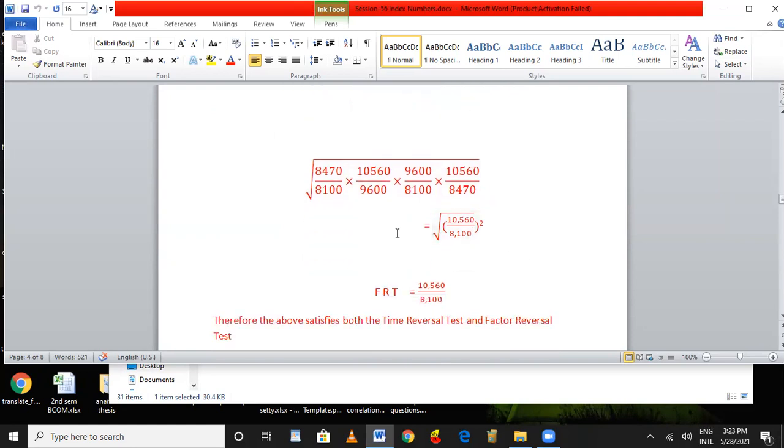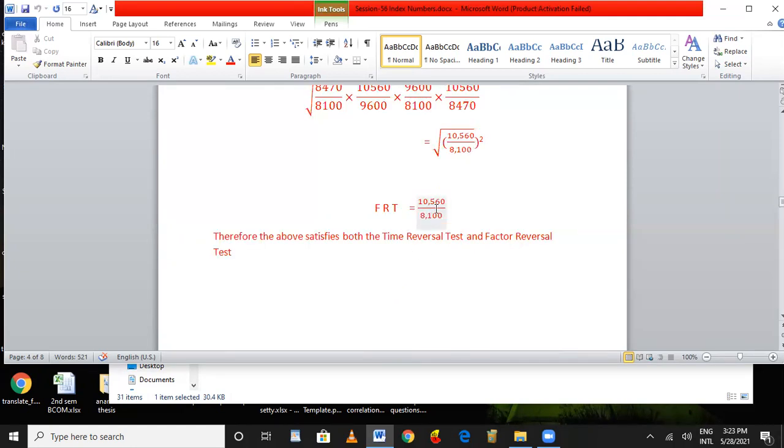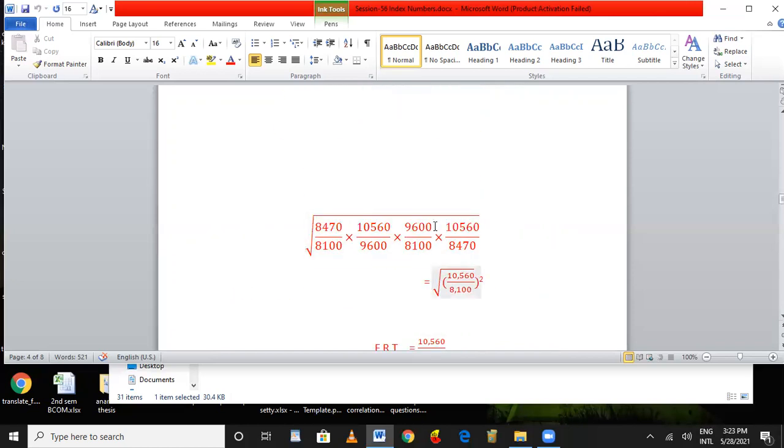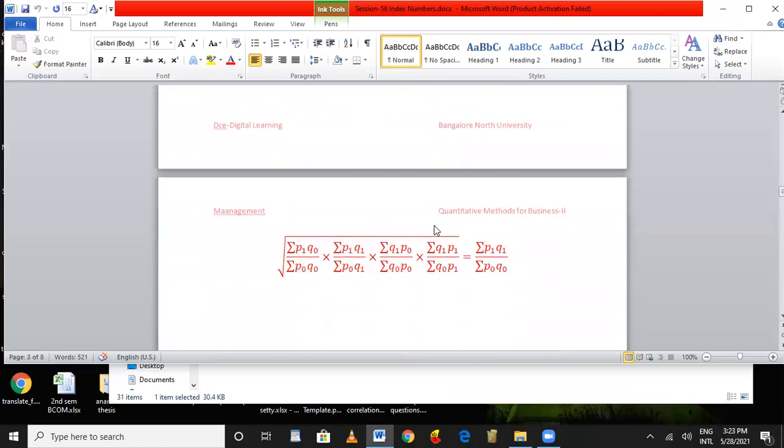Now here you can cancel 9,600 and 8,470. The remainder is 10,560 twice over 8,100 twice. We get FRT equal to 10,560 divided by 8,100, where 10,560 is sigma P1 Q1 and 8,100 is sigma P0 Q0.